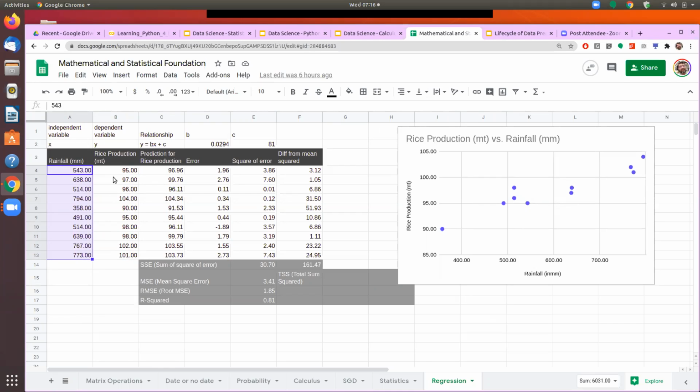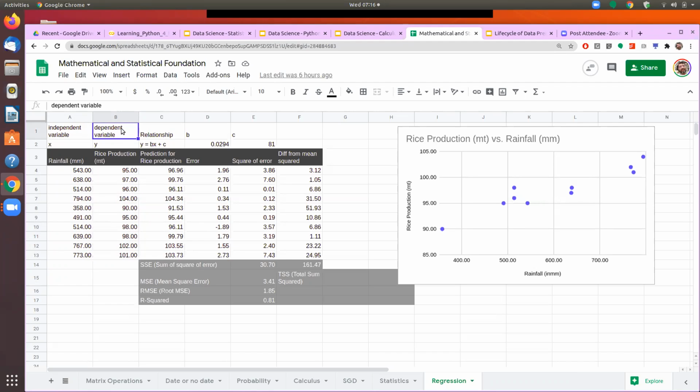So in terms of regression, we are trying to make a prediction of the rice production. How much is the production of rice? That is my prediction variable, and that's why we call it y, also called the dependent variable.